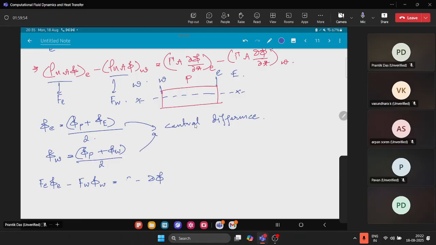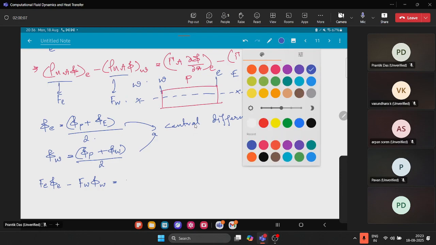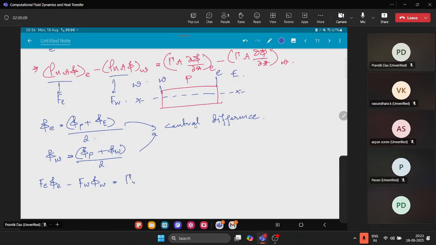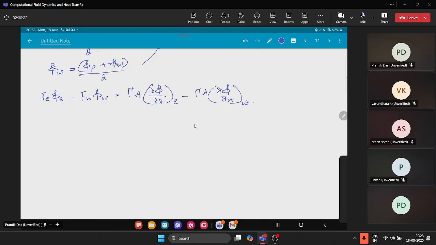So a can cancel out from both sides. So let us do d phi dx e minus gamma a d phi dx w. So now this can be written as gamma a by delta x.